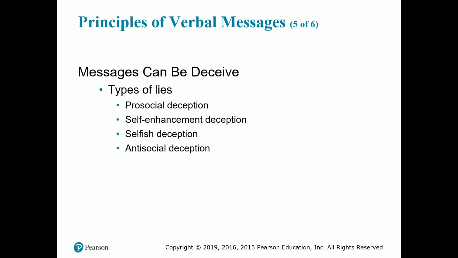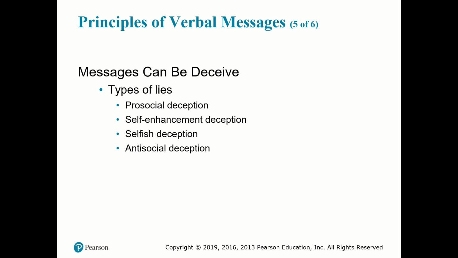Messages can also be used to deceive, something that we're all familiar with. Lies, deception. These can have a huge impact on interpersonal relationships at all levels. Lying is the act of sending messages with the intent of giving another person information you believe to be false.